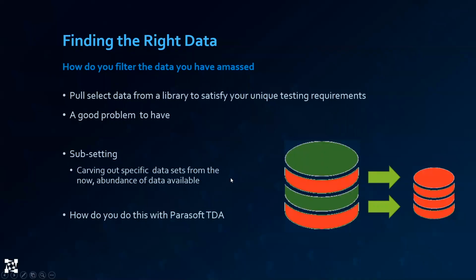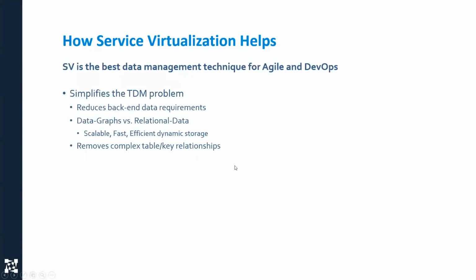Okay. So how does service virtualization help the test data management problem? It simplifies the whole problem of test data management by carving off those applications of test data that could be simplified by creating isolated representations of the dependent components, and by creating a self-service management mechanism that allows individual testers and developers to build just the data that they want for their requirements.